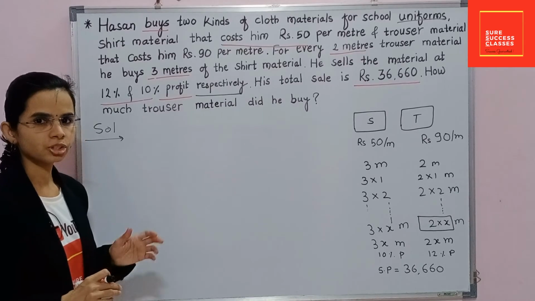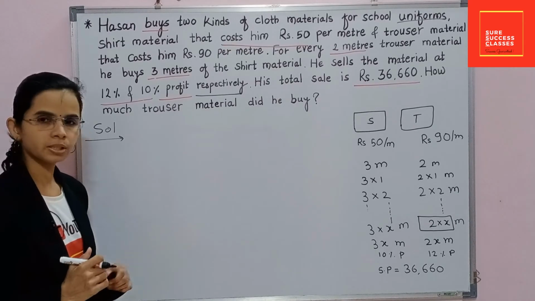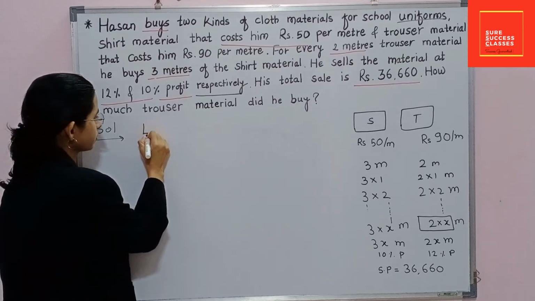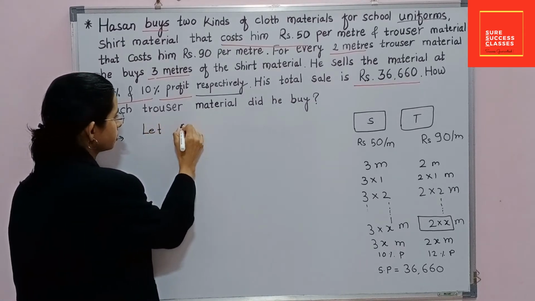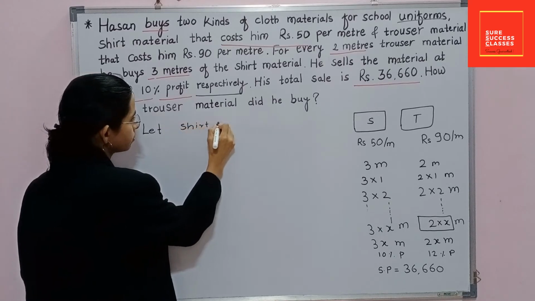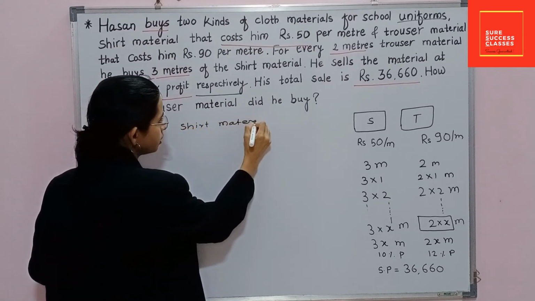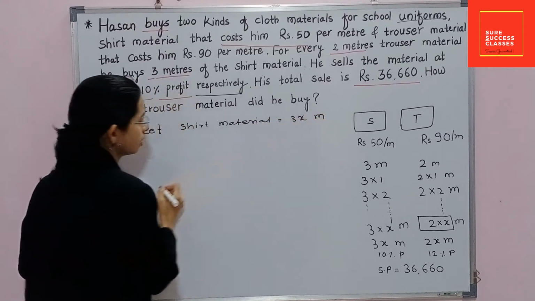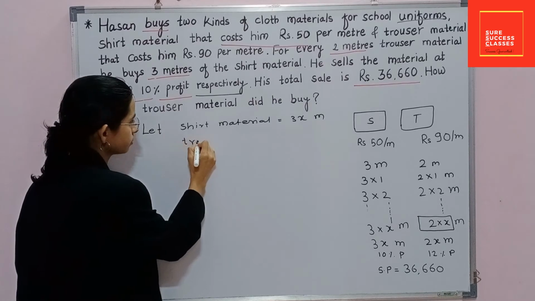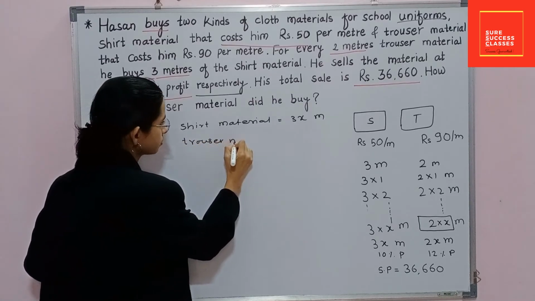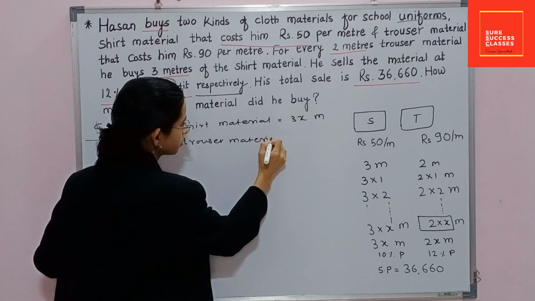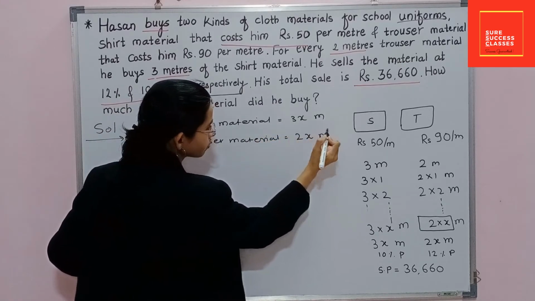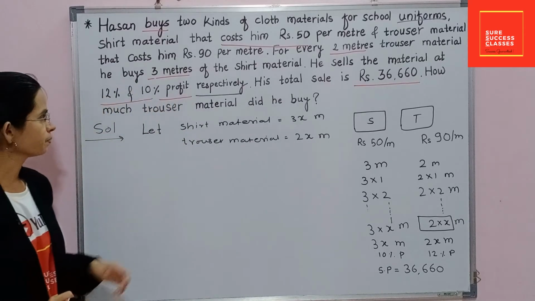Let's consider shirt material to be 3x meters and trouser material 2x meters, because they are in proportion.